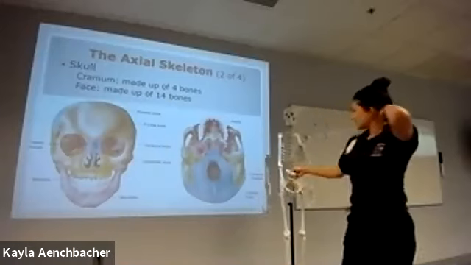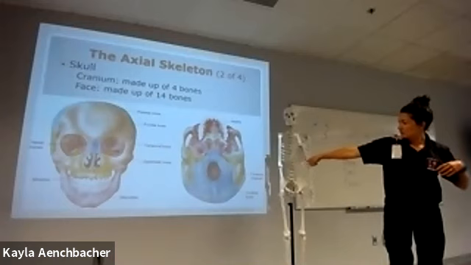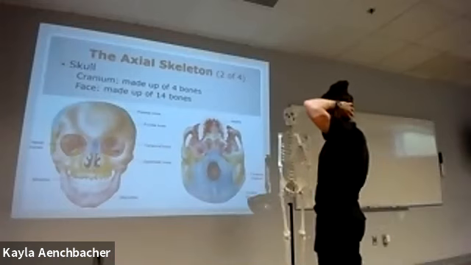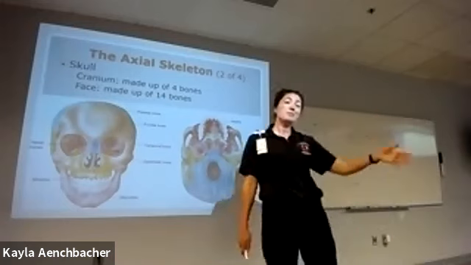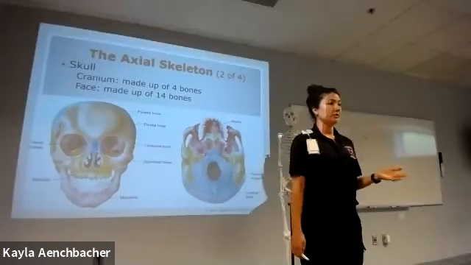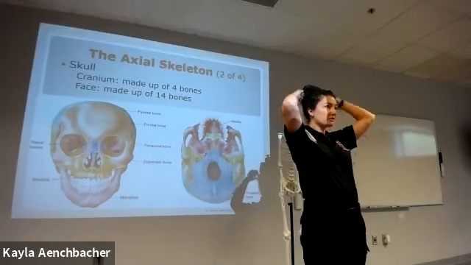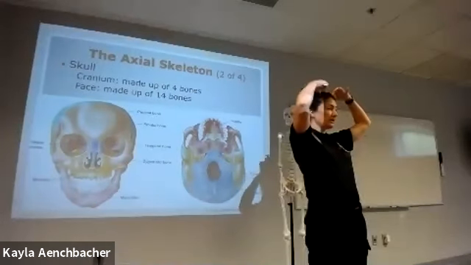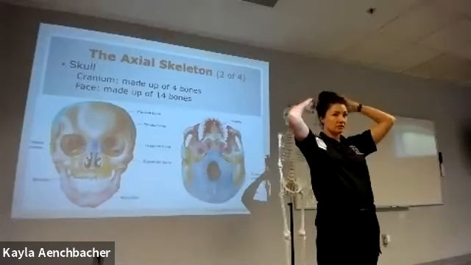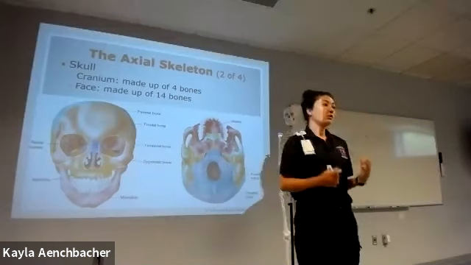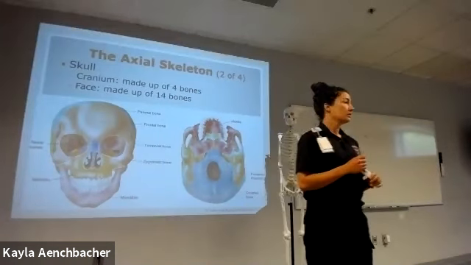Here in the back, right here, is going to be your occipital or occipital, depending on how you pronounce it. Everything in between that goes down the middle, connecting everything, is going to be the parietal bone.